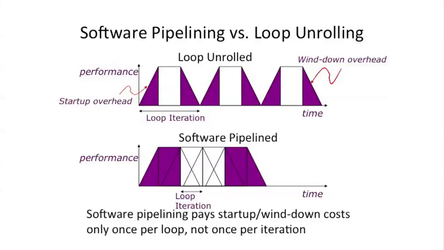With software pipelining, we're only paying the startup and wind-down costs once for the execution of a loop and not every iteration of the loop. So that's cool. We're getting performance.